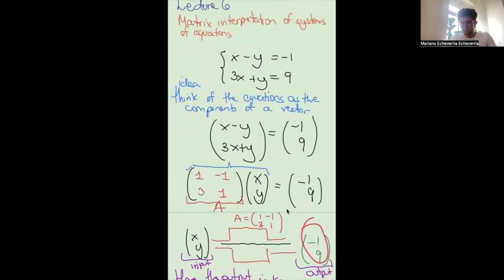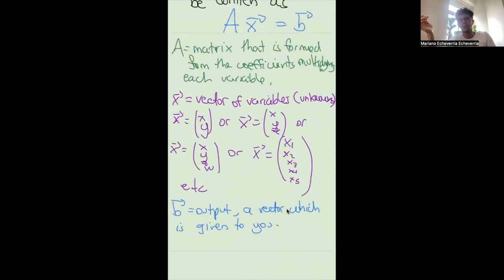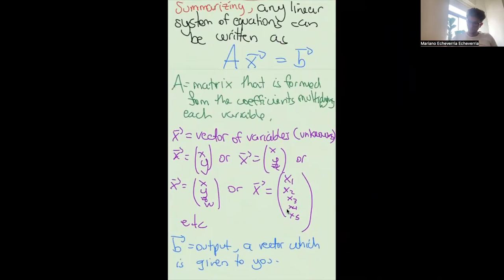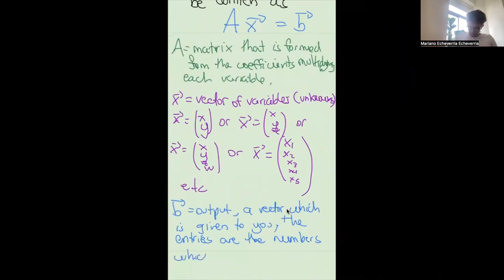So in every example, the right hand side of the equations is just what makes up the vector B. So the entries are the constants, or the numbers, that appear at the end of each equation, on the right hand side of the equations. Is that making sense?